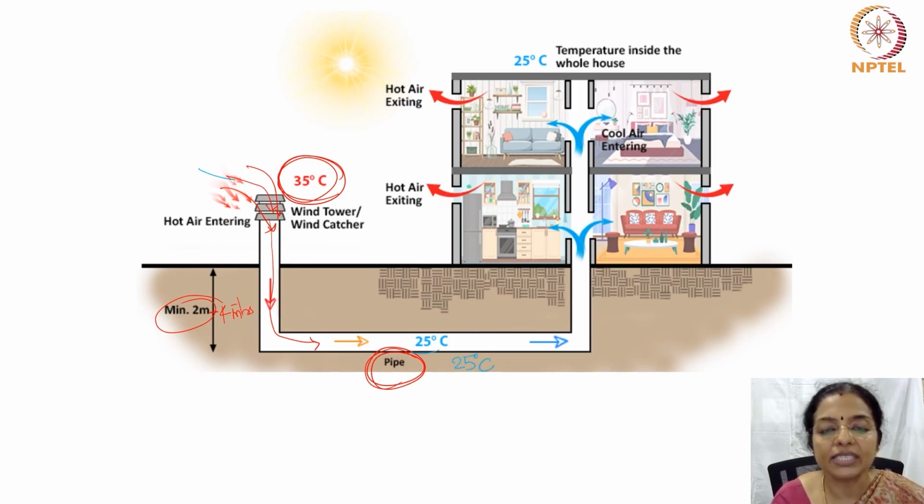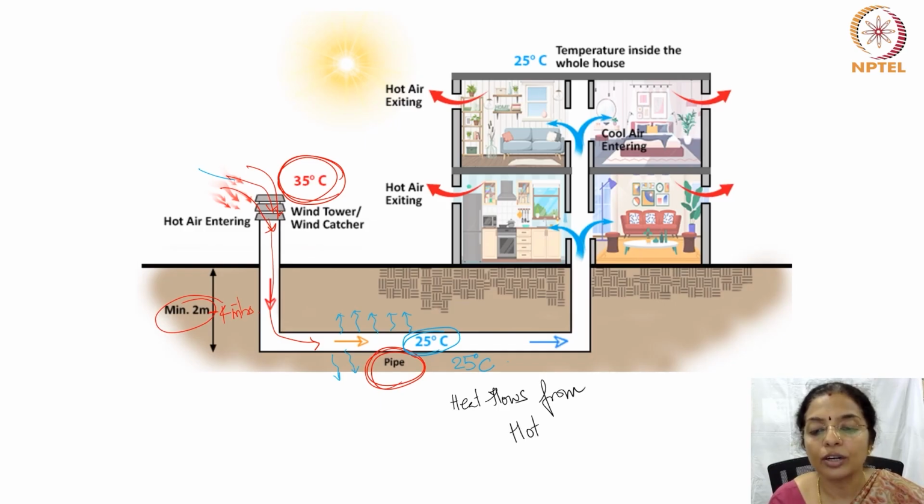Then the air in the pipe gets cooled, because heat from the air which passes through the pipe is radiated to the soil below. Why does that happen? Simply because heat flows from hot to cold always, and not vice versa.